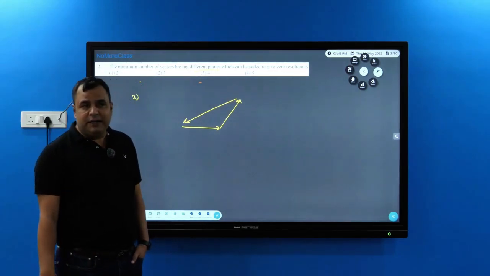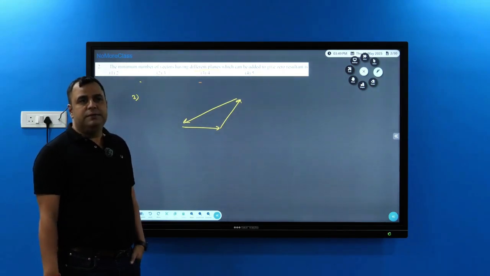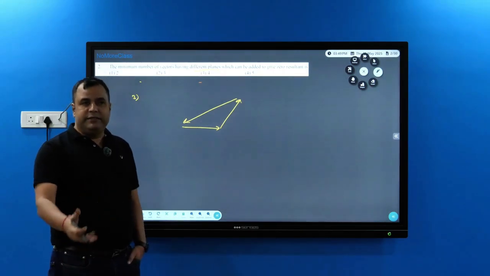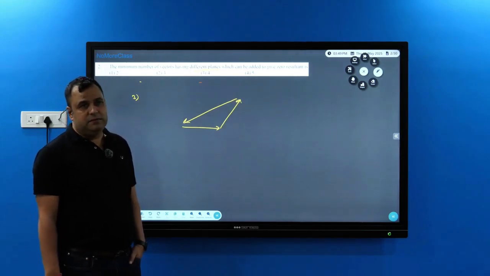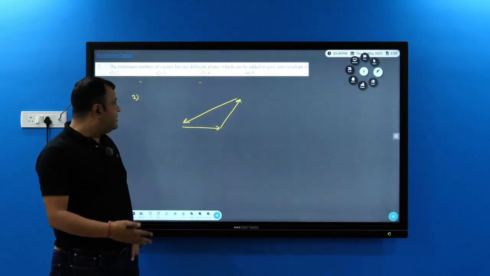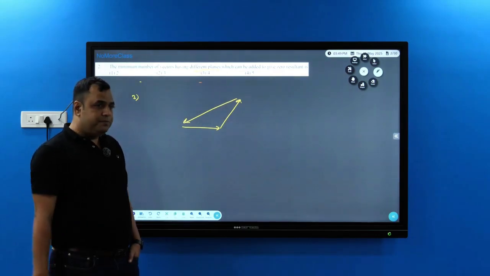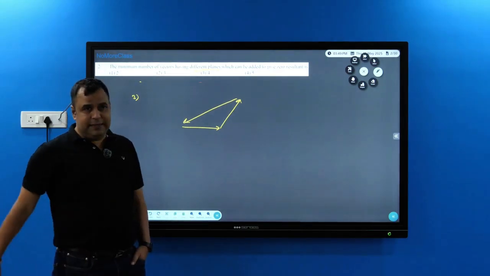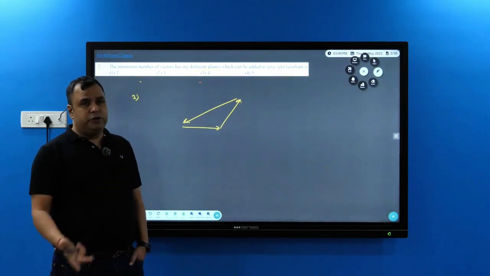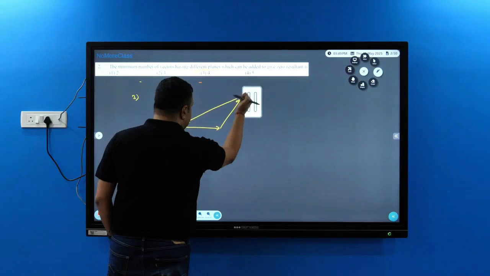Meaning if I take 3 vectors represented along the sides of a triangle, the resultant will be 0. But in this case, all 3 vectors will be in the plane. So if they don't tell us that the vectors have to be in different planes, then I'll go for the answer 3. Meaning these 3 are not along a single line, but they are in the same plane.